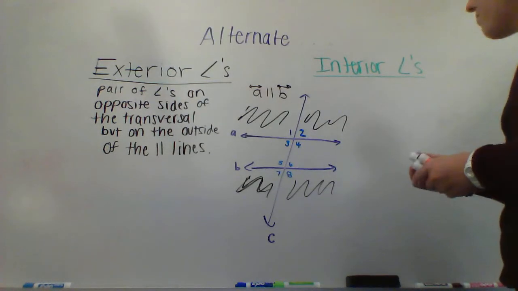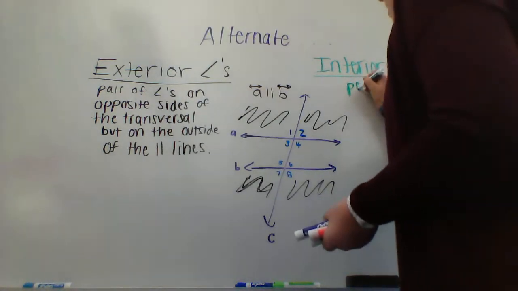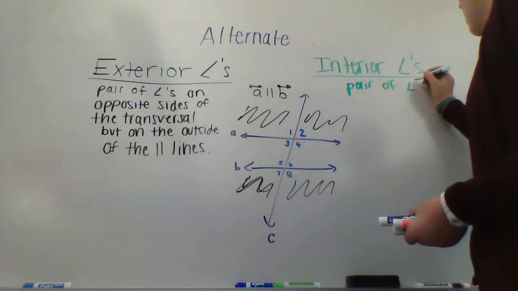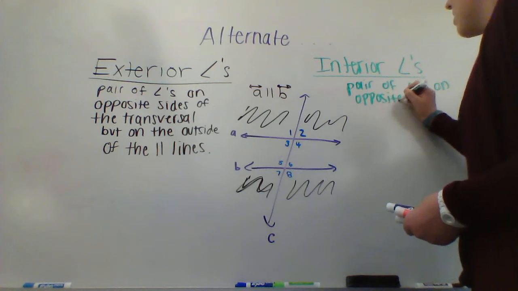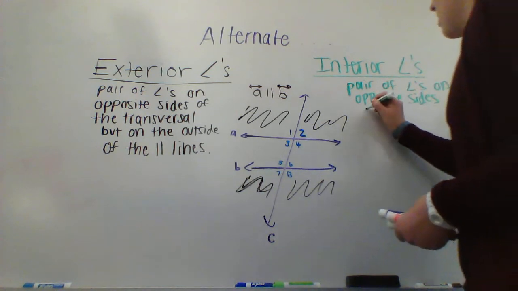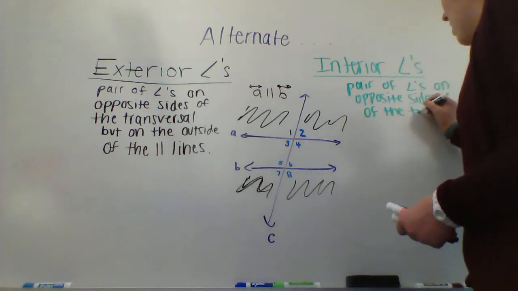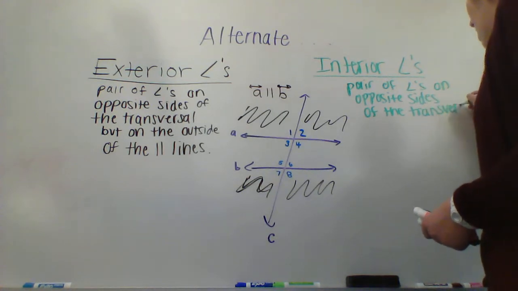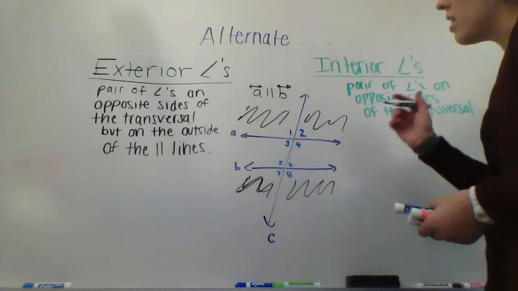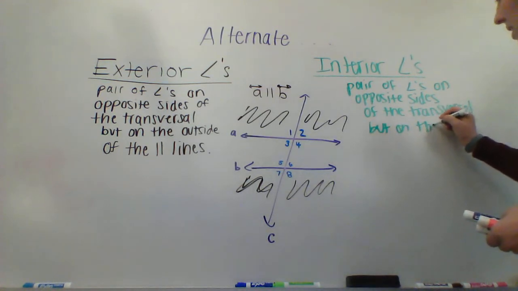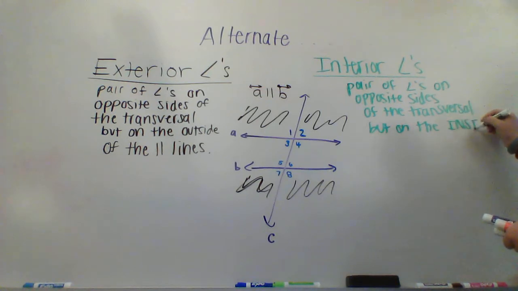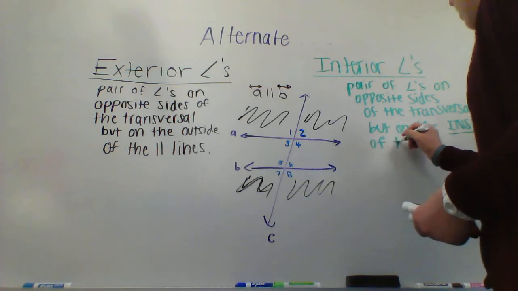Now I'll move over and define what interior angles are. So they're the same thing. Interior, you need a pair of angles on opposite sides of the transversal, but on the inside of the two parallel lines.